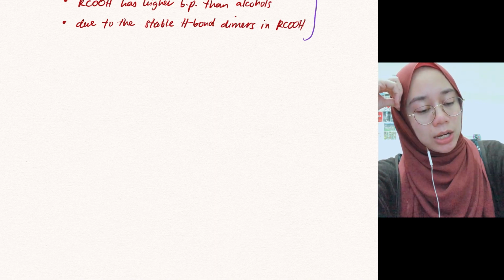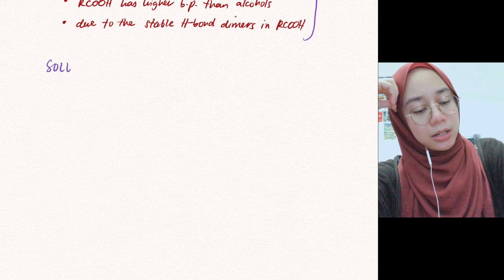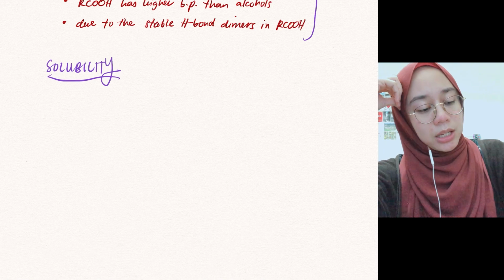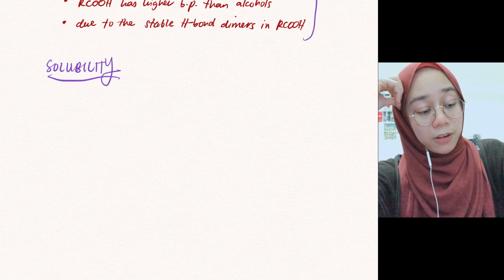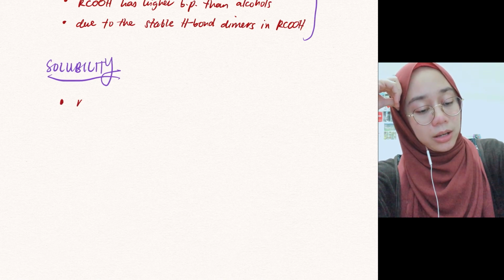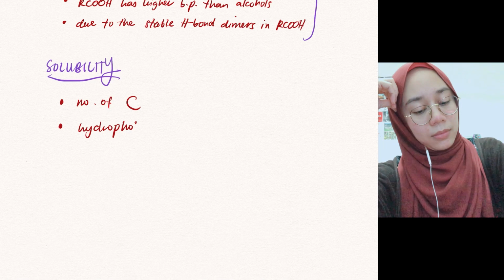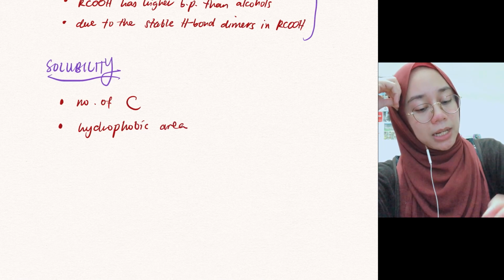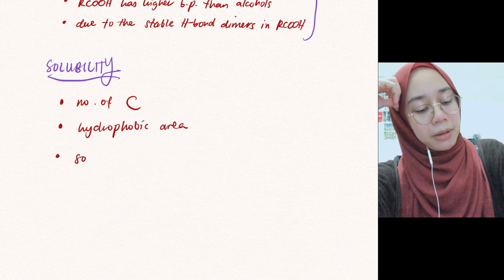Okay, so kalau solubility pula, so you just need to compare the number of carbon. Okay, number of carbon, and then kita cakap pasal hydrophobic area. So lepas cakap pasal hydrophobic area, and then kita just cakap pasal solubility in water lah.